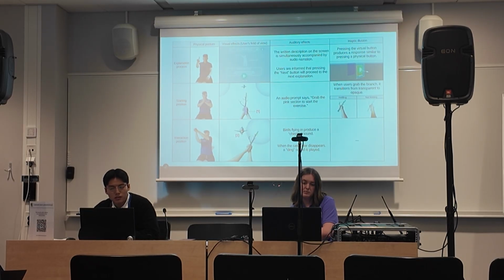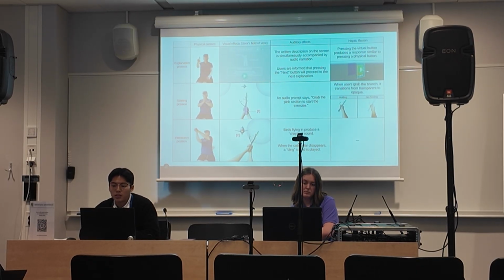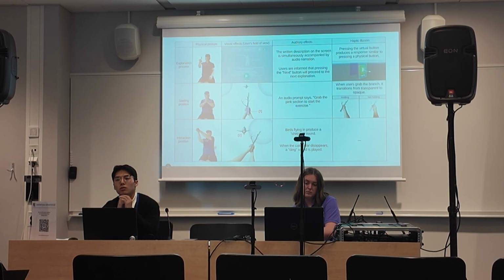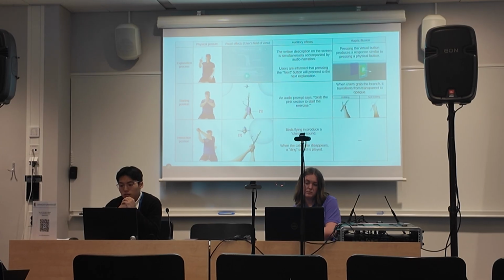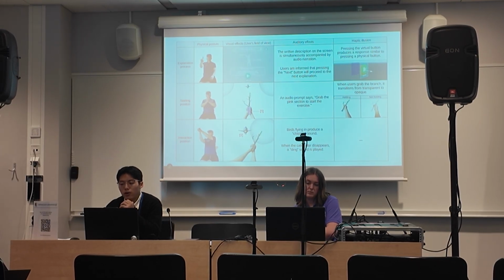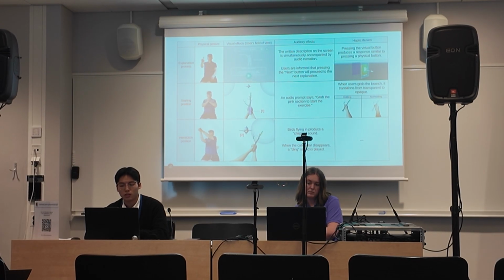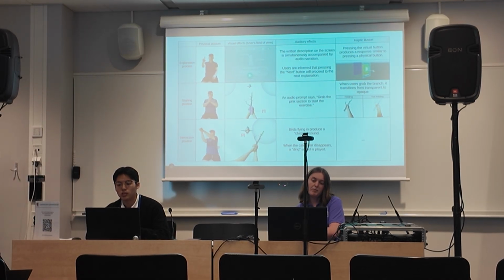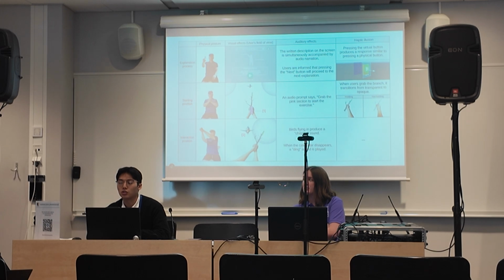Next, I'll talk specifically about the haptic illusion we used. Because our system used hand tracking without physical controllers, we can't provide actual touch sensations. Instead, we use visual and sound cues to simulate the feeling of touch.